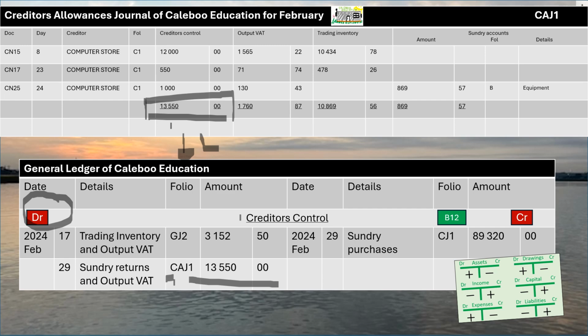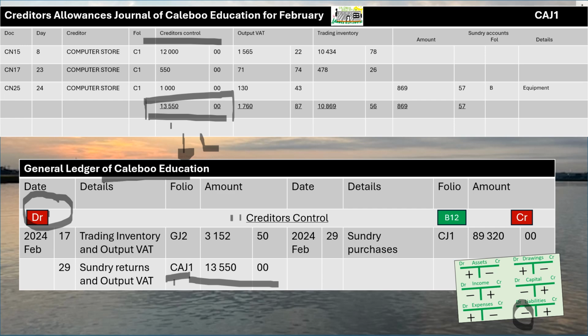Where did we get the information from? The creditors allowance journal. And I applied that rule: decrease in liabilities, debit. The information has been posted from the creditors control column to the creditors control account in the general ledger of Calibre Education.